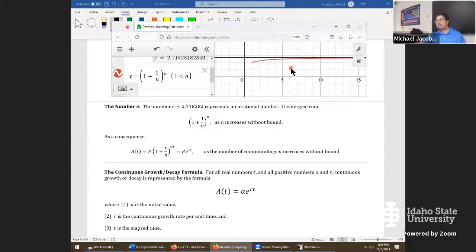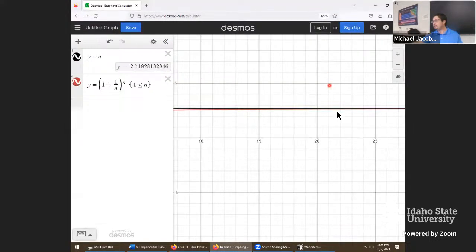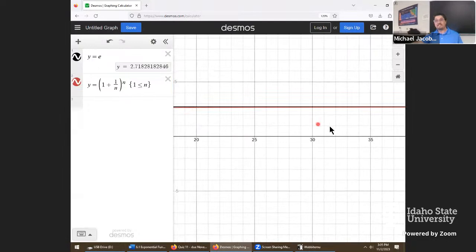So that's our function. And the function (1 plus 1 over n) to the power of n has a horizontal asymptote. As you move this red dot further and further to the right, the height is getting closer and closer to 2.7182. You can make it as close as you want by simply going further and further to the right.